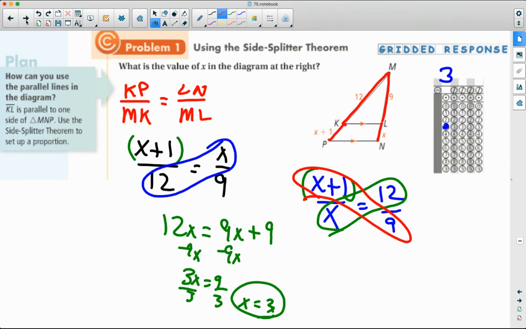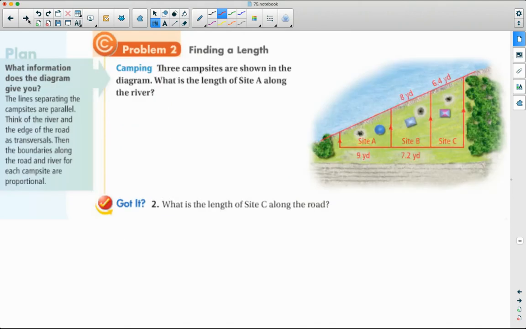So in the side splitter theorem, you are more inclined to think of it as this way, like 12 over 9 equals x plus 1 over x. Or you can think of it from the sides. X plus 1 over 12 equals x over 9. I did it first. So you can think of it from side to side or up and down. Either way, it's mathematically equivalent.